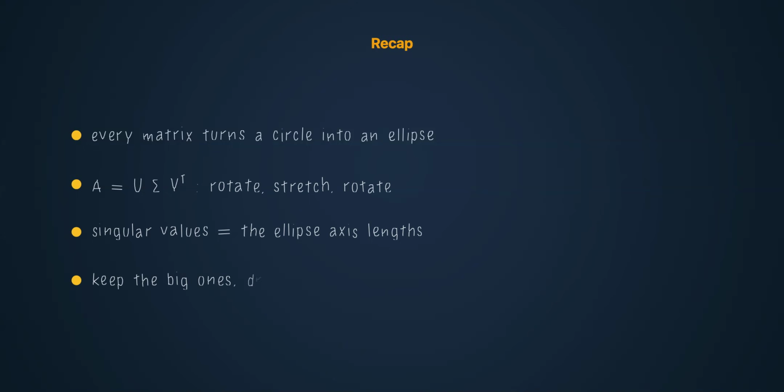Keep the big singular values, drop the small ones, and that blank streaming table from the start is no mystery. It was low rank all along, a few hidden taste dials wearing a million cell disguise, and the SVD is the tool that reads them off.